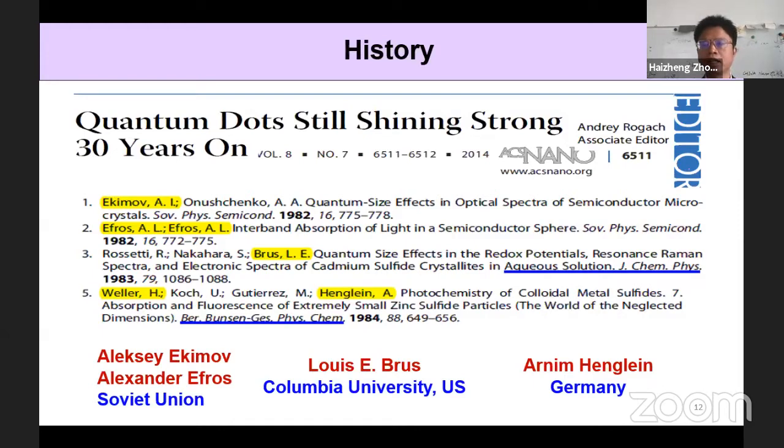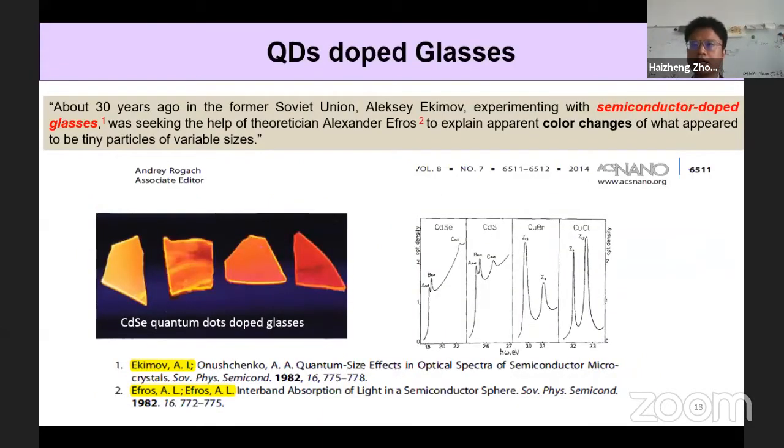And at the same time, Louis Brus from Columbia University investigated the quantum dots in liquids. Actually, here I would like to mention that except for the well-known QDs in liquid, there are quantum dots doped glasses. So this is when quantum dots were discovered in the 1980s.